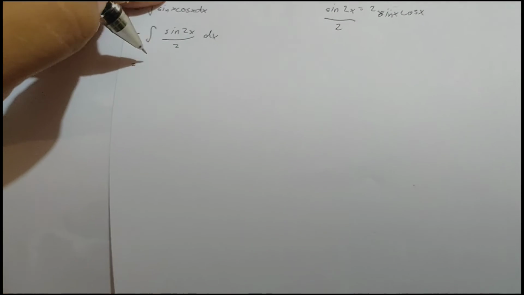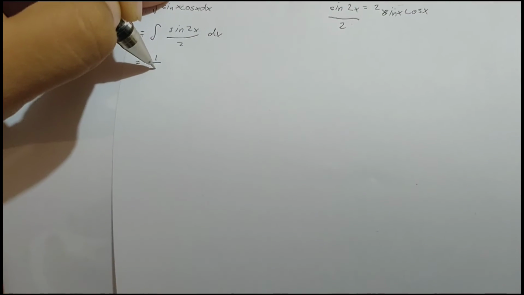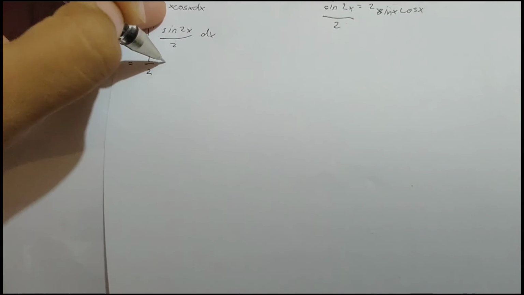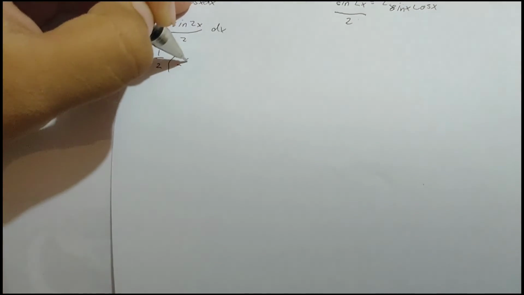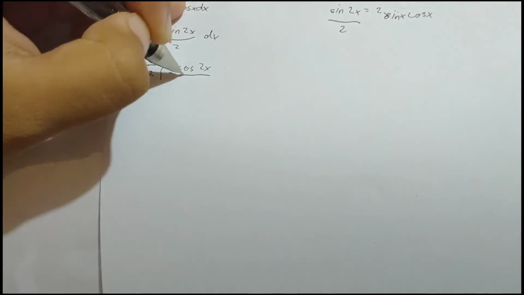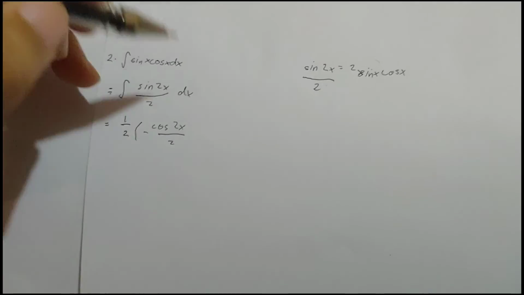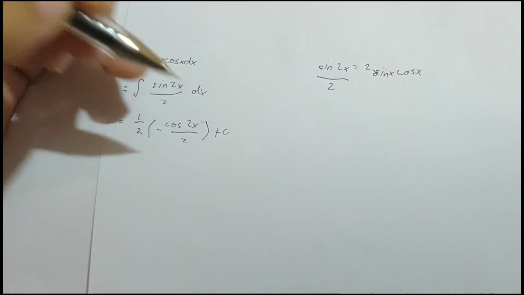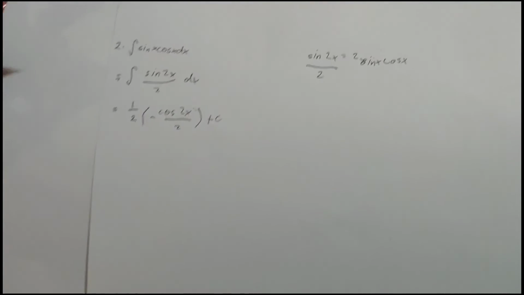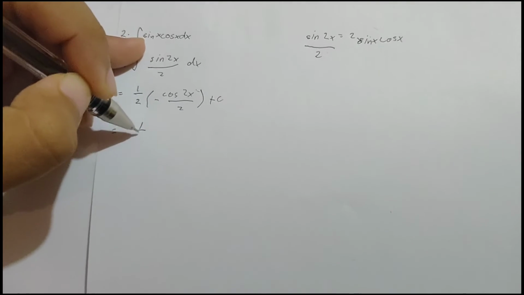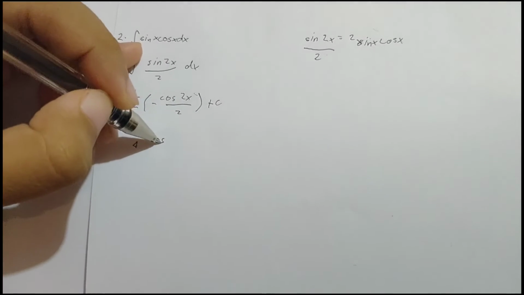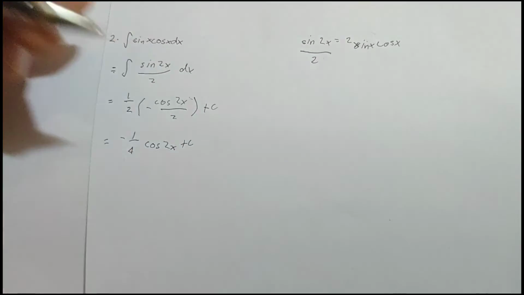We have a balancing factor, which is 1/2, the integral of sine 2x all over 2 is cos 2x all over 2 plus c. To simplify, our final answer should be 1/4 cos 2x plus c.